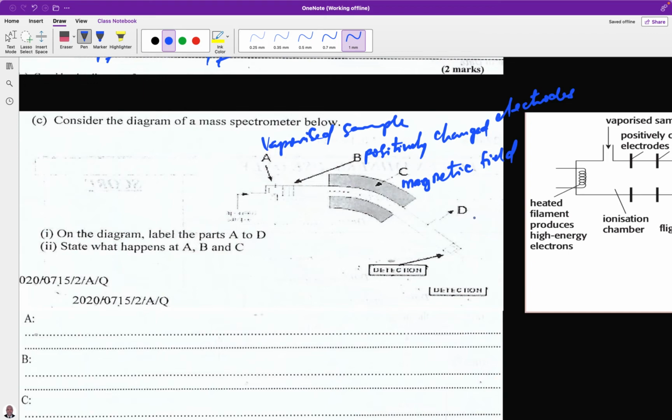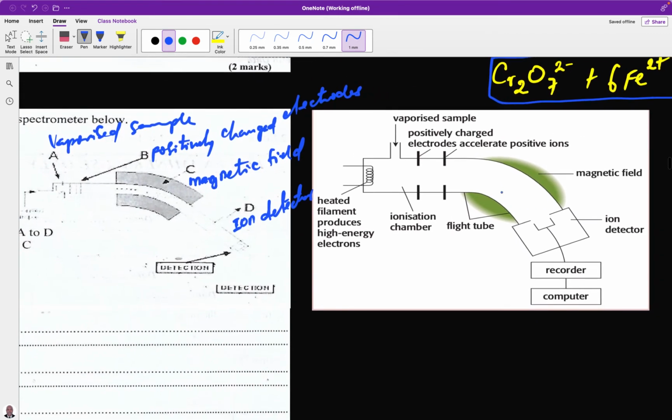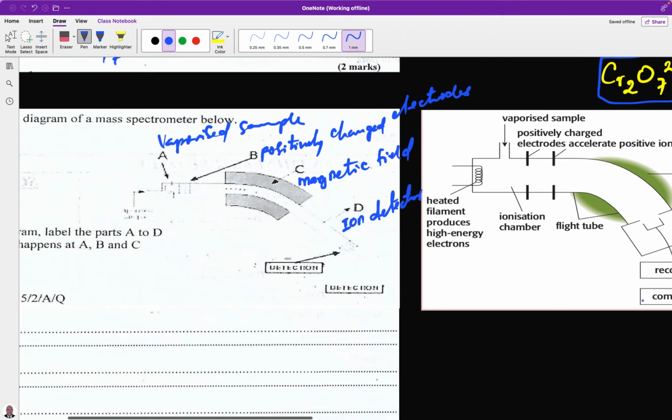Then you label D as ion detector. Ion detector, just as you have seen. So if you can label all these like that, A as vaporized sample, B as positively charged electrodes, C as magnetic field, and D as ion detector, just as you find it here, then you will have your marks there.